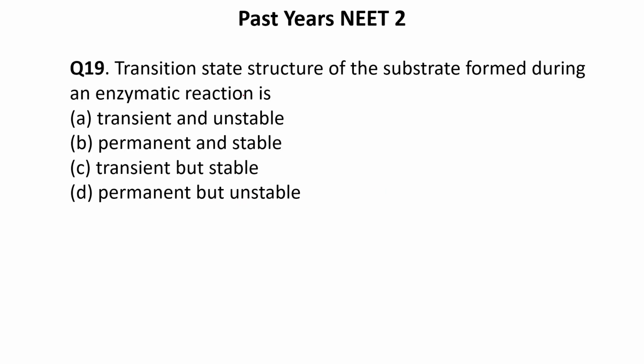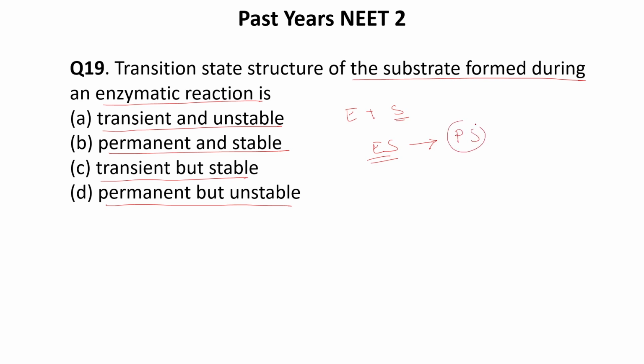Next question. Transition state structure of the substrate formed during an enzymatic reaction is transient and unstable, permanent and stable, transient but stable, permanent but unstable. Enzyme when combined with substrate forms ES, which exists for a very short duration, and later forms product and enzyme.